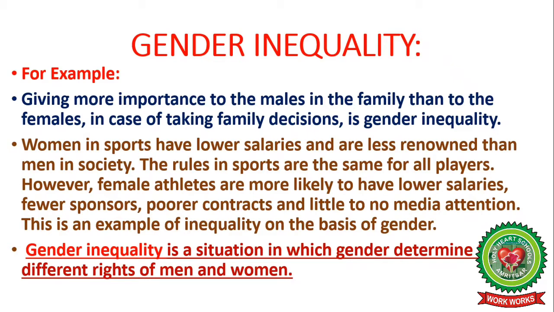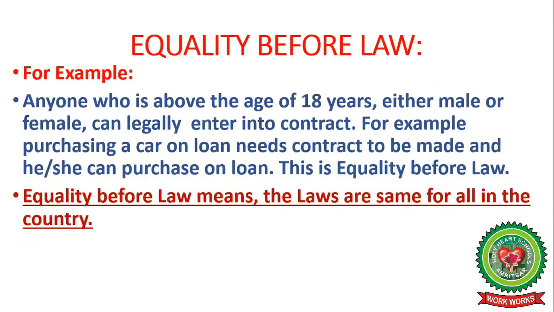However, female athletes are more likely to have lower salaries, fewer sponsors, poorer contracts, and little to no media attention. This is an example of inequality on the basis of gender. Now, what is gender inequality? Gender inequality is a situation in which gender determines the different rights of men and women.